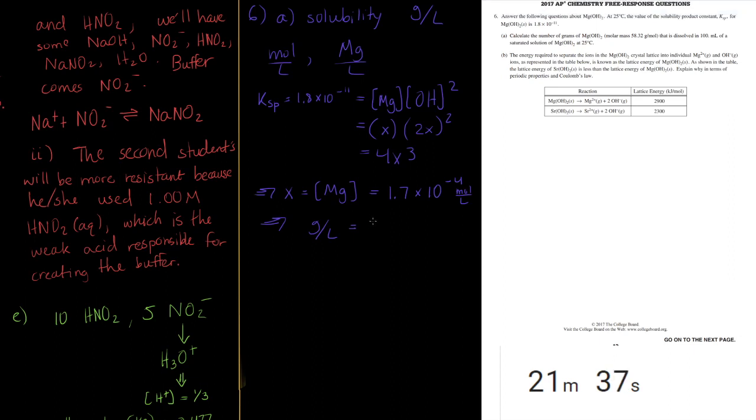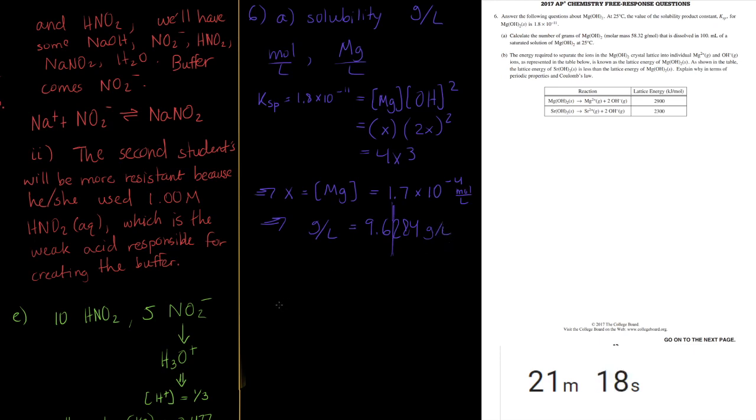It's going to be 9.6284 and so on. Okay, but we only actually have this many sig figs. I'm drawing a line there. Grams per liter. Cool, I guess we'd already written that.